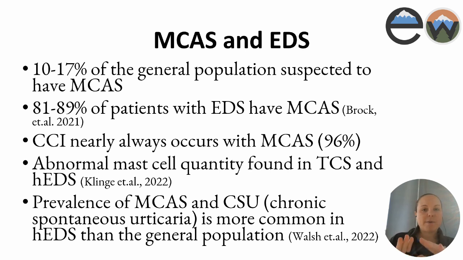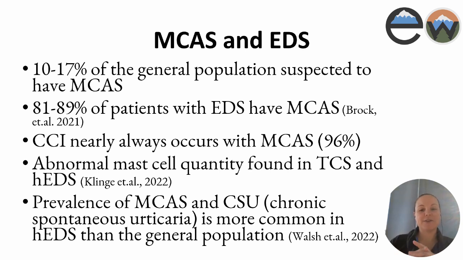Interestingly, another rabbit hole, I'll do upper cervical presentations, but cranial cervical instability, so instability up at the upper part of the spine, seems to always occur with mast cell activation syndrome. And fascinating conversation, again, that will be in another presentation, but there's this overlap in our systems that are working together or dysfunctioning together.